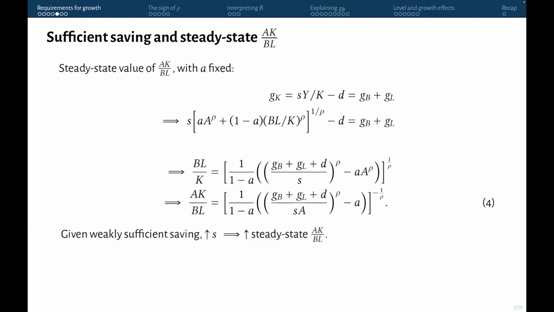Kind of makes sense. This is a generalization of the Solow model. The Solow model makes this point, but in the rho equals 0 edge case. And note that sufficient saving, not weakly sufficient saving, but actual sufficient saving, is necessary for this ratio to be positive.